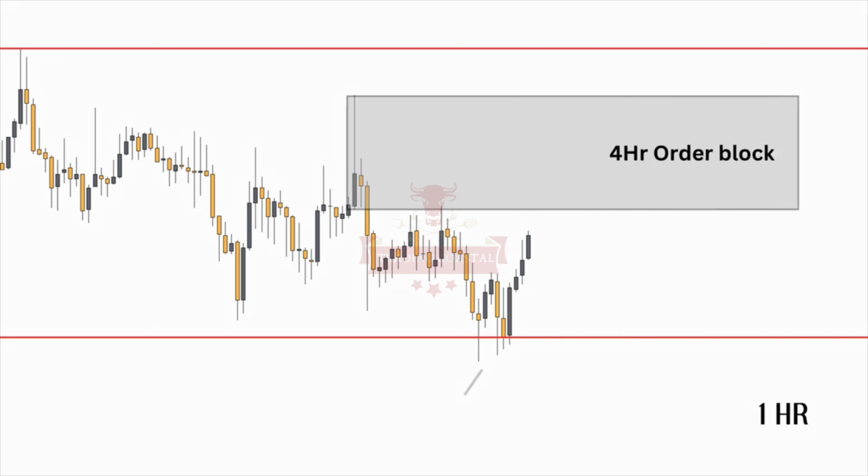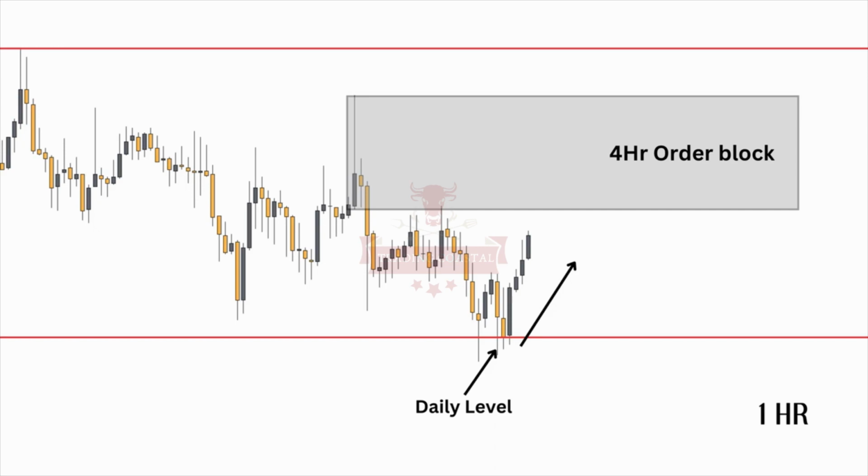After mitigating this daily zone, the market is making a deep retracement before reaching the 4-hour order block, which is another confirmation. Right now the price is in a short-term uptrend, and an ideal situation would be for the price to change direction, so the 4 hours and 1 hour will be in the same bearish direction.